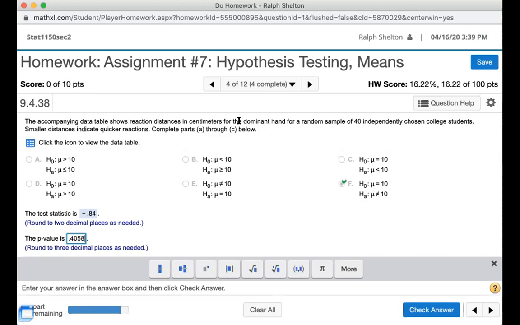But you compare your test statistic with t star, and if the test statistic is more extreme than t star, then you reject the null. And more extreme means further away from the proposed mean, okay? So here, since our test statistic's a negative number, we would use negative t star.